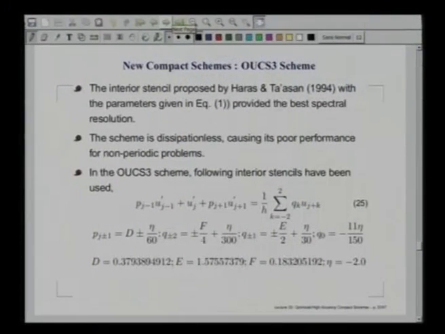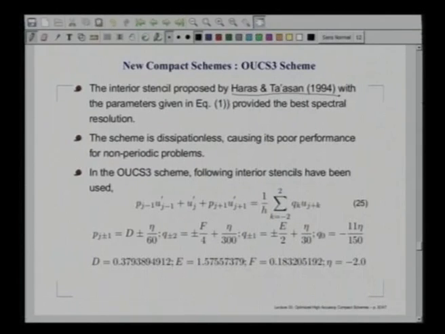Okay, so, in the family of new compact schemes, we just show you another such scheme, the OUCS3 scheme, and this is again borrowing that Haras and Tassan scheme that we talked about, which was spectacular for a periodic problem.